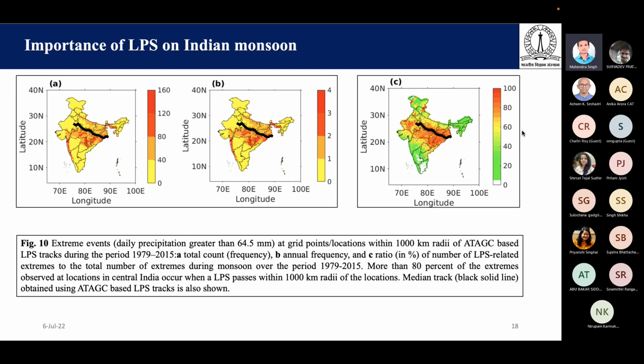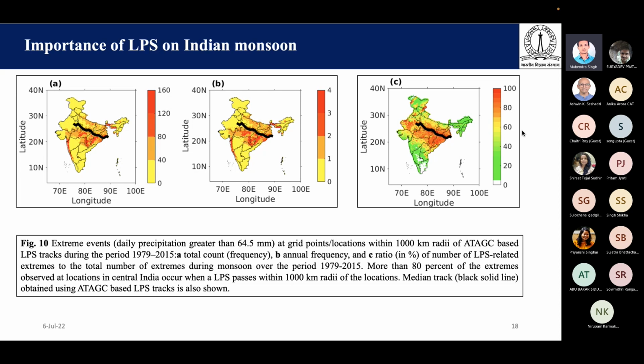So the first figure shows how many extreme events occur during the whole period of the study.